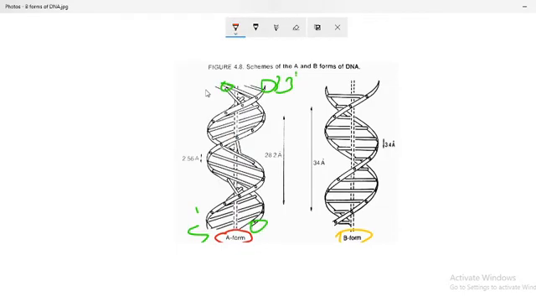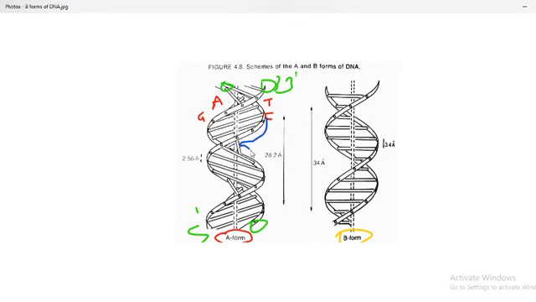Next, the bases, that is A, always base pair with T by means of a double bond, and G always base pairs with C by means of a triple bond. There is a helical structure where it forms some grooves.